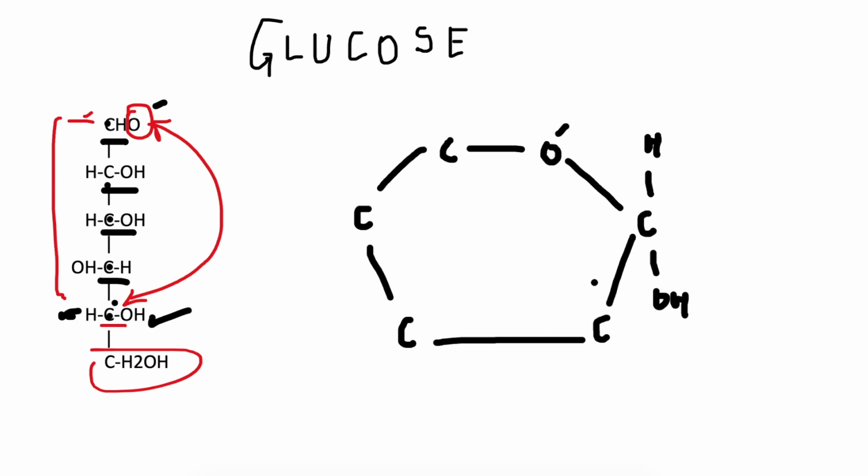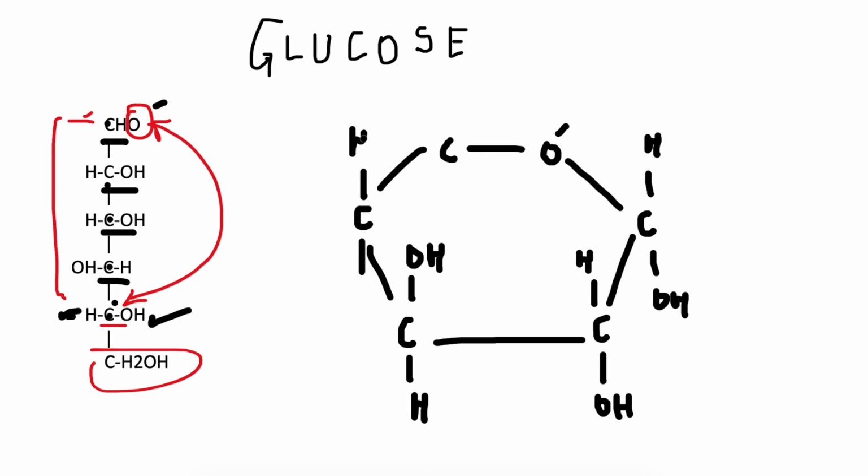So I'm going to just fill out the rest of the parts of the ring. You can see that you have to attach H and OH to complete the valency of carbon, which you all know is 4. So this carbon should have 4 bonds, 1, 2, 3, and 4. Then here we will attach OH and then H. Then similar thing, very similar thing.